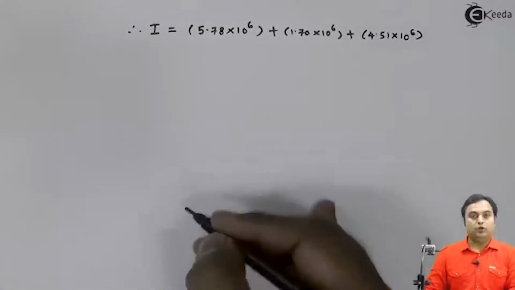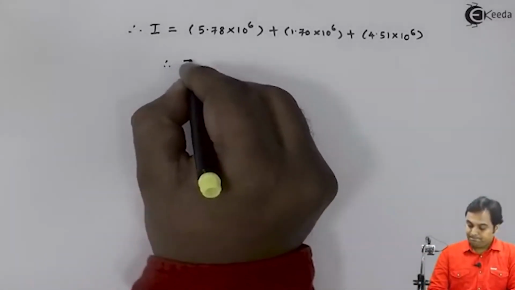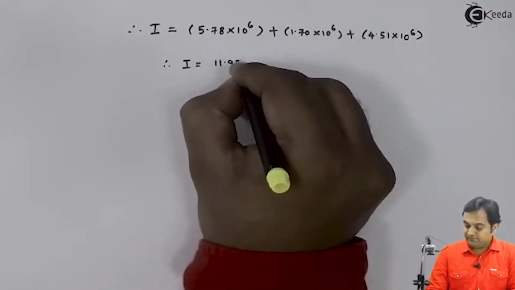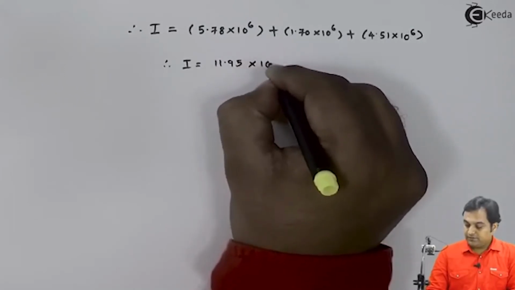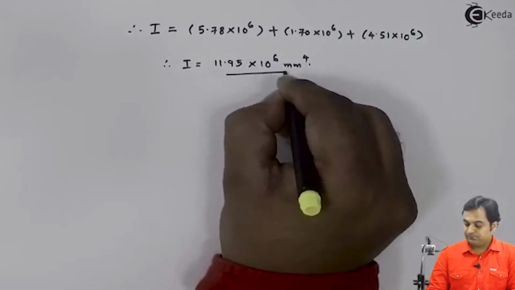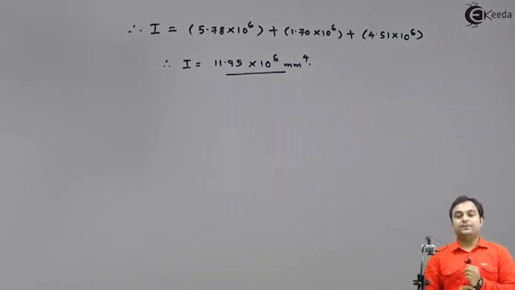If I add up all these values, my answer of I will be 11.95 into 10 raised to 6 mm raised to 4. So now I have the value of moment of inertia.